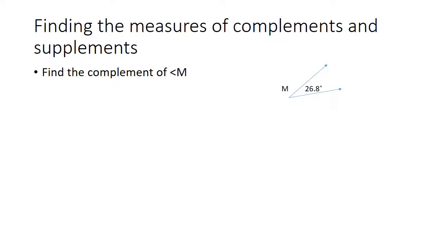So its complement means that the number that we could add to 26.8 needs to add up to 90. So the way we can solve this is we can say 90 degrees minus 26.8 is going to give us what's left over, which would be the complement. So 90 minus 26.8 is 63.2 degrees. So the complement of angle M would be 63.2 degrees.